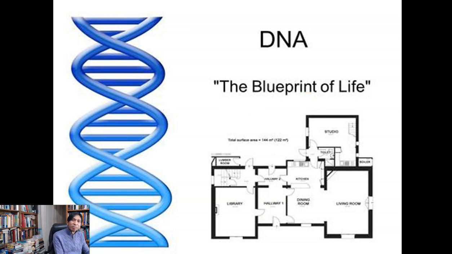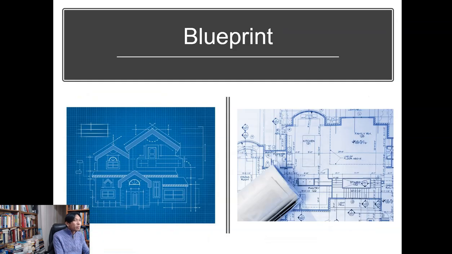Well, what is a blueprint? A blueprint means a pattern or plan of a building. If you are an architect and you're going to build a building, you need the blueprint, or scheme, of the building: where the kitchens are, how many stories you're going to build, where the plumbing goes.